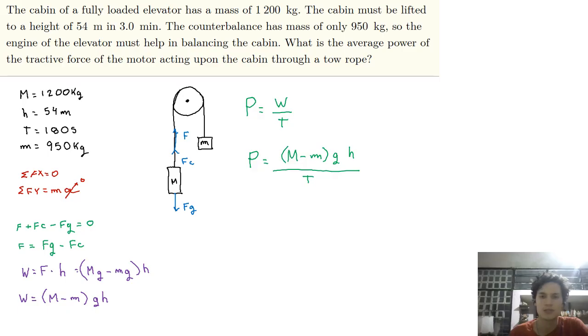And we can substitute all the values here. So the power will be equal to the bigger mass, 1.2 tons, minus 950 kilograms, times the gravity, 9.8 meters per second squared, times the height, 54 meters, all over 180 seconds.